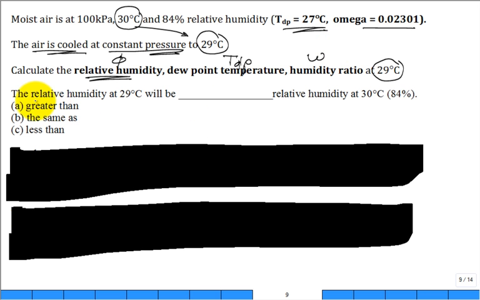Look at the relative humidity at 30 degrees C. It was 84%. Will the new relative humidity at the lower temperature of 29 be greater than the beginning relative humidity, the same, or less? Do you understand the question? Yeah, all right.